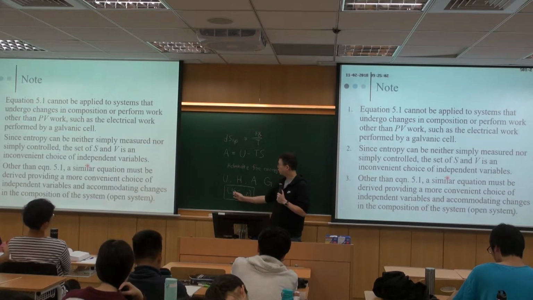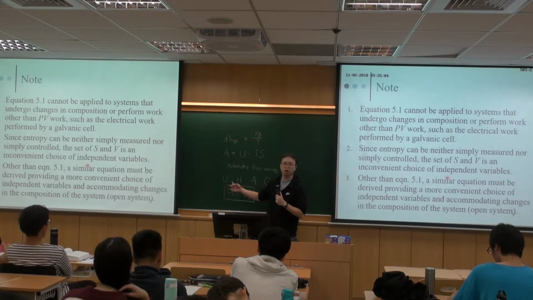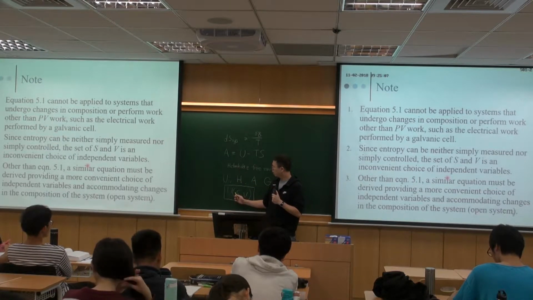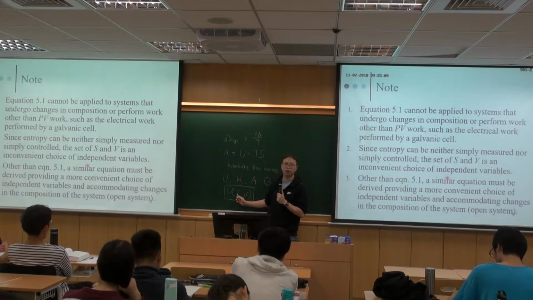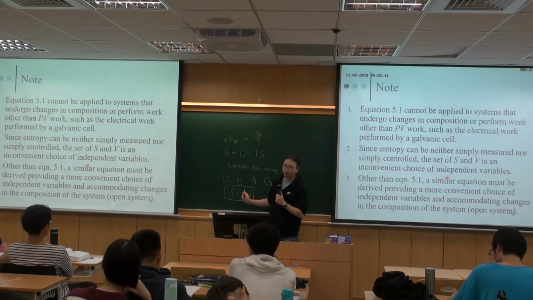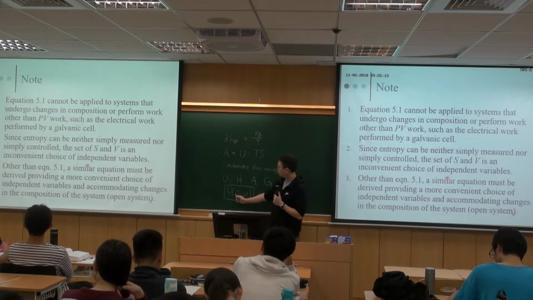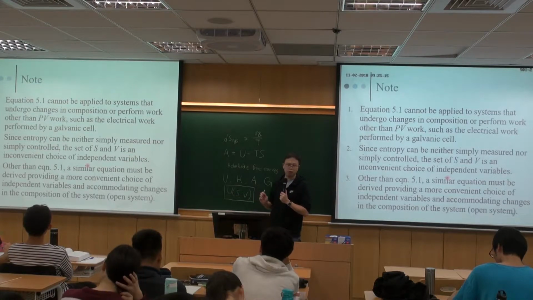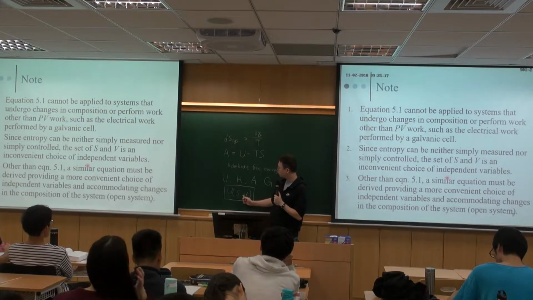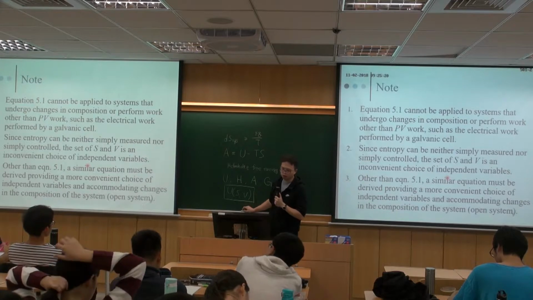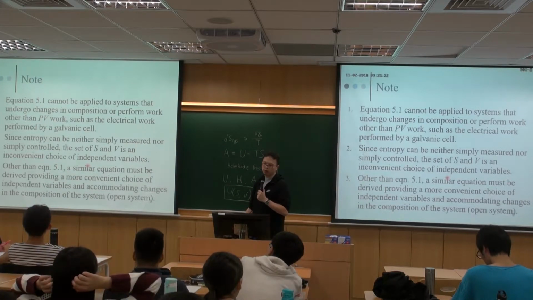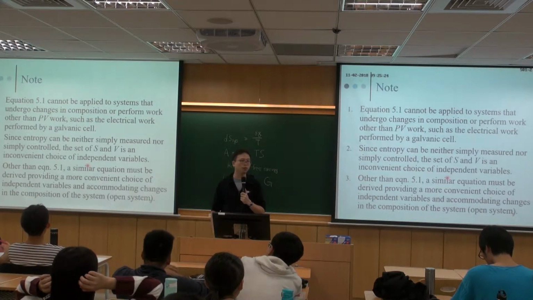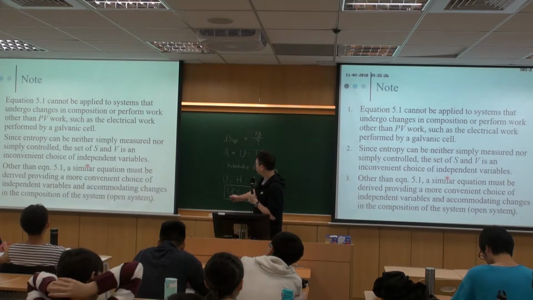In this case, if you follow the first law and the second law, you'll end up with internal energy as a function of entropy and volume. But as I mentioned, these two variables are not very useful because volume can be fixed, but entropy is hard to control. So it means that we have to figure out some other ways to express internal energy.